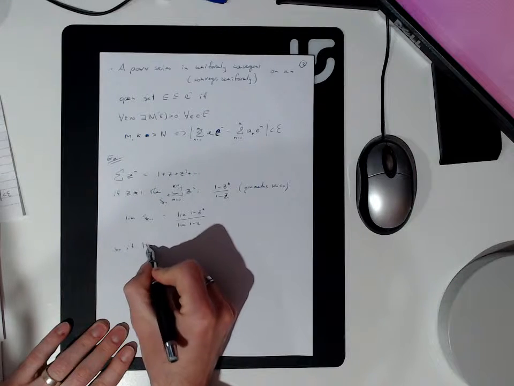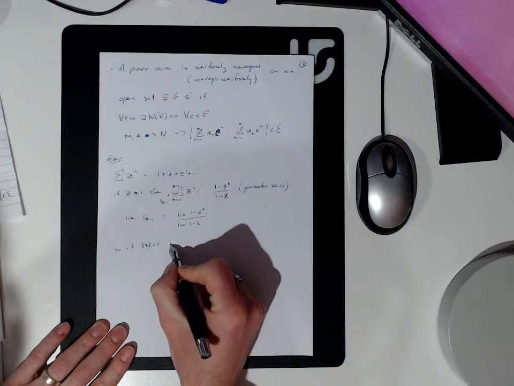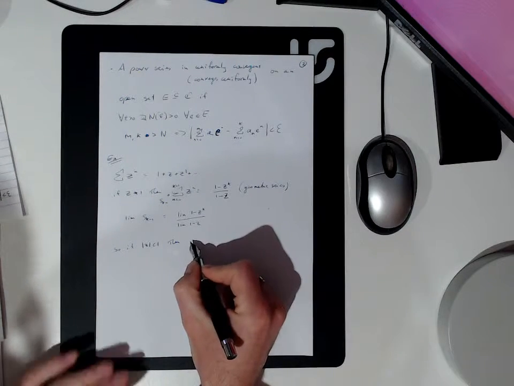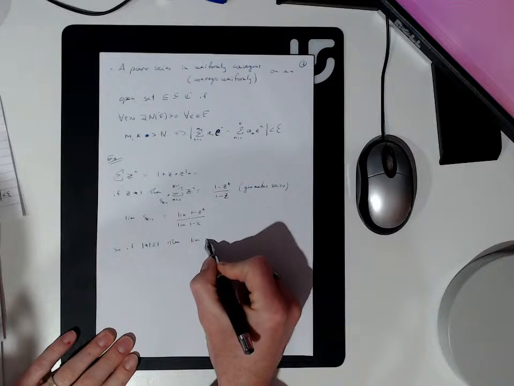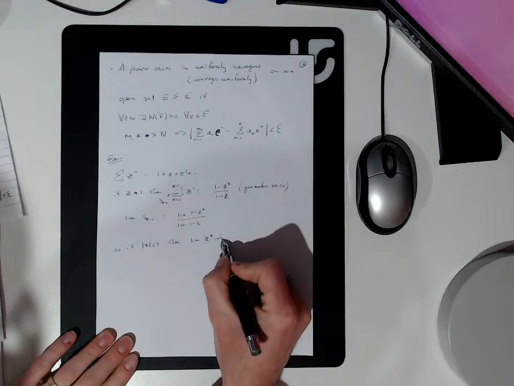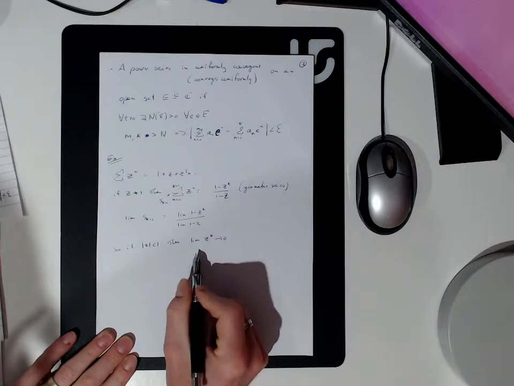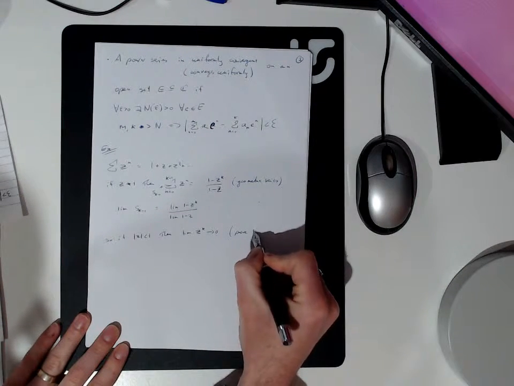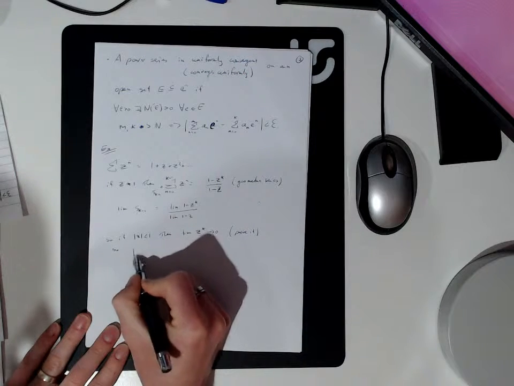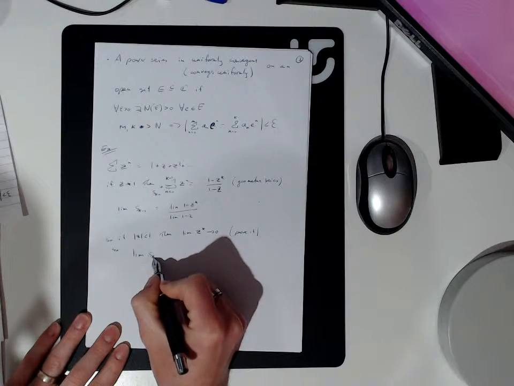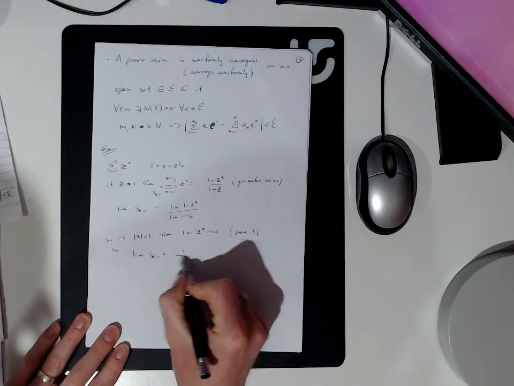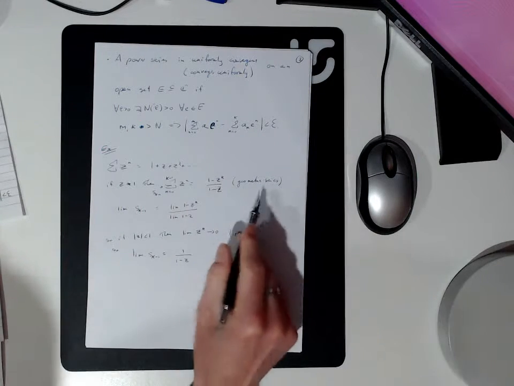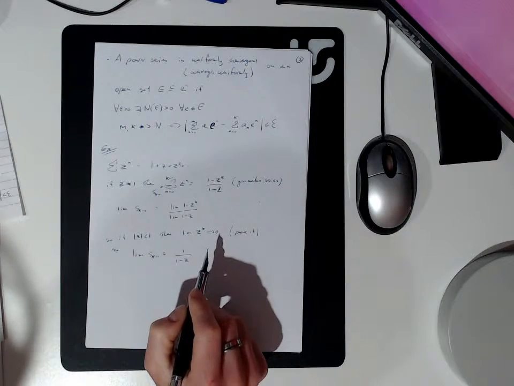So if the modulus of z is less than 1, then that tells us that the limit of z^k goes to 0. Prove it. And this tells us, of course, that the limit of the s_{k-1} must equal 1 over 1 minus z, which is also the form of the geometric series that we've seen before.